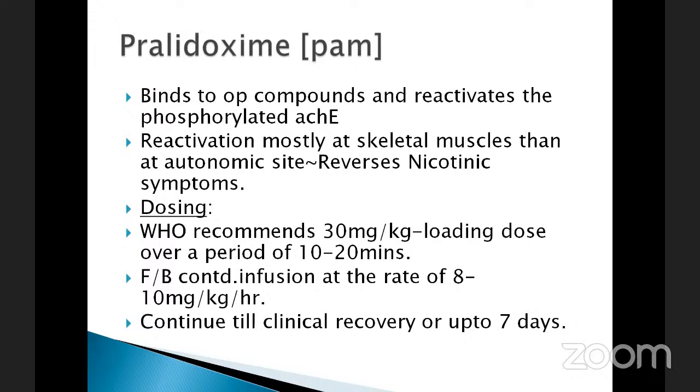Two days back, she came for removal of the tracheostomy tube. Now she is fine and about to be discharged. That means almost 40 days after the consumption of the organophosphorus, 20 days in Vijayanagaram, 20 days in our hospital. That is our experience in organophosphorus.